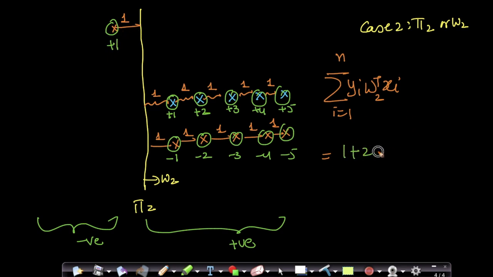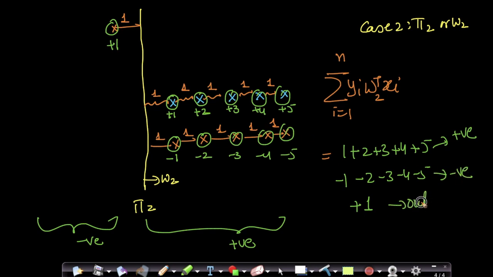We get 1 plus 2 plus 3 plus 4 plus 5 for all the positive points, then minus 1, minus 2, minus 3, minus 4, minus 5 for these 5 negative points, and plus 1 for the outlier point. When I sum up all of the signed distances, these cancel out, and I'm left with plus 1.